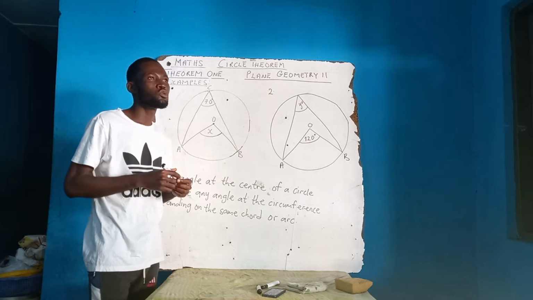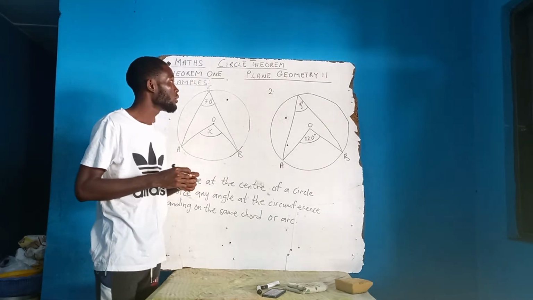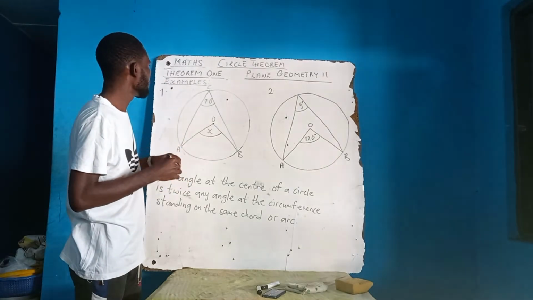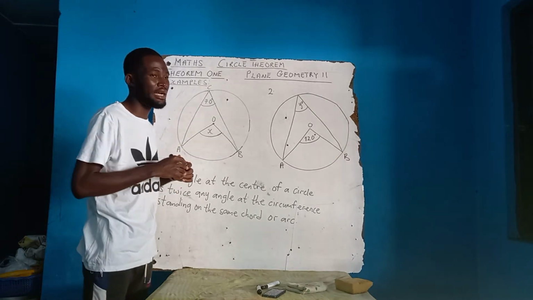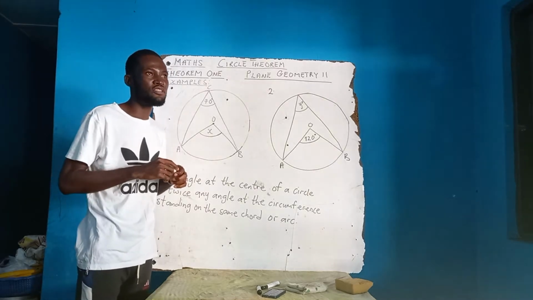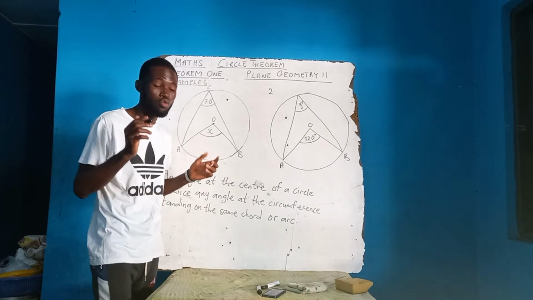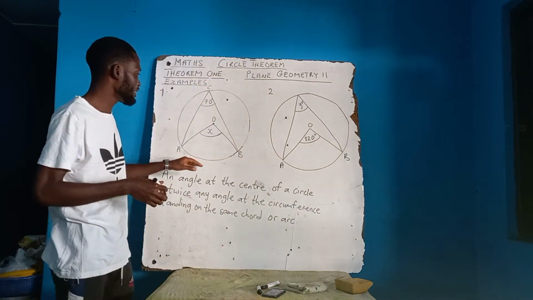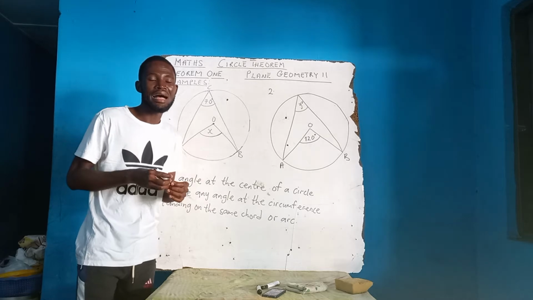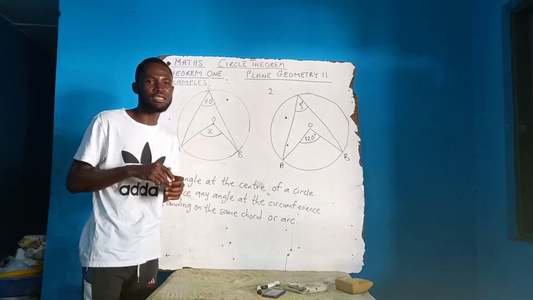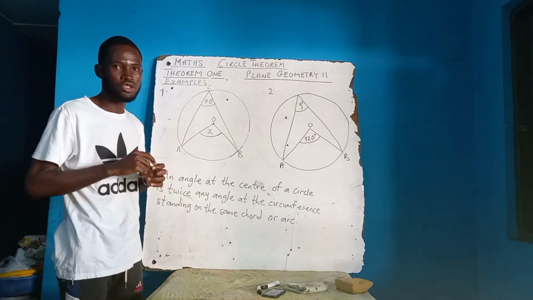I welcome you to our first lesson on plane geometry 2, that is specifically circle theorem. And we are actually going to discuss illustrative examples on theorem 1. So without wasting much time, we'll discuss the two examples that I laid out to you in our initial discussion on circle theorem.